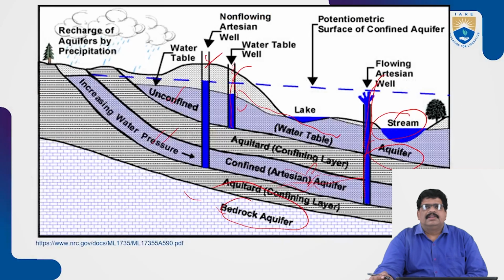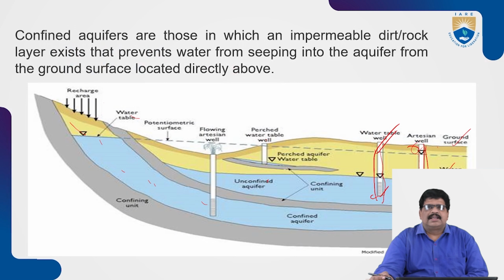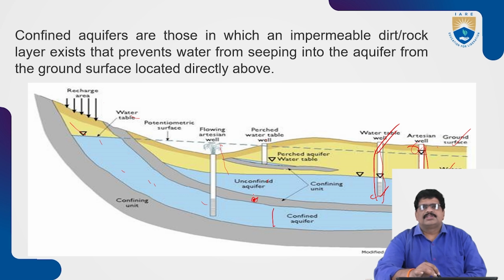Let us see that one so that you can understand the unconfined aquifer here. The water table is the zone on top of the aquifer, the impervious layer is at the bottom, and the water is allowed in at the top. This is called an unconfined aquifer.